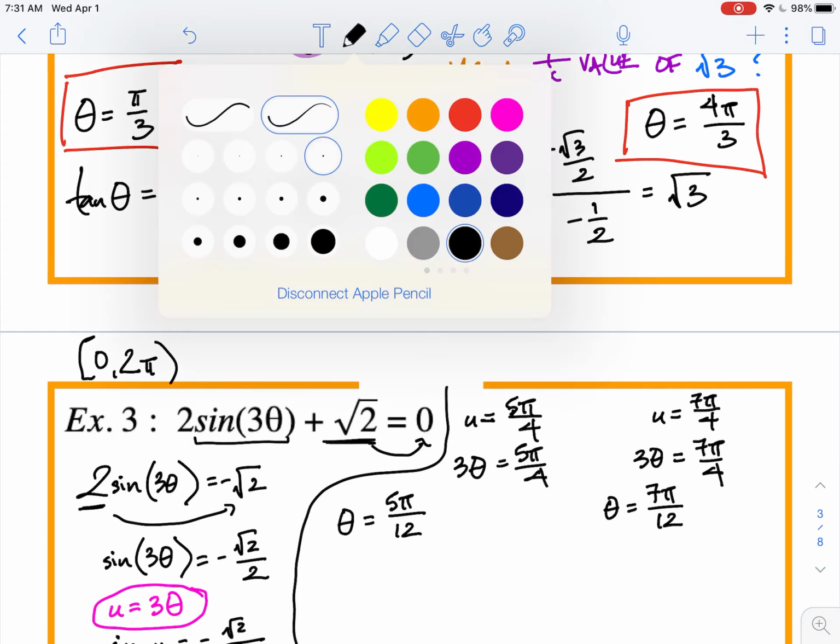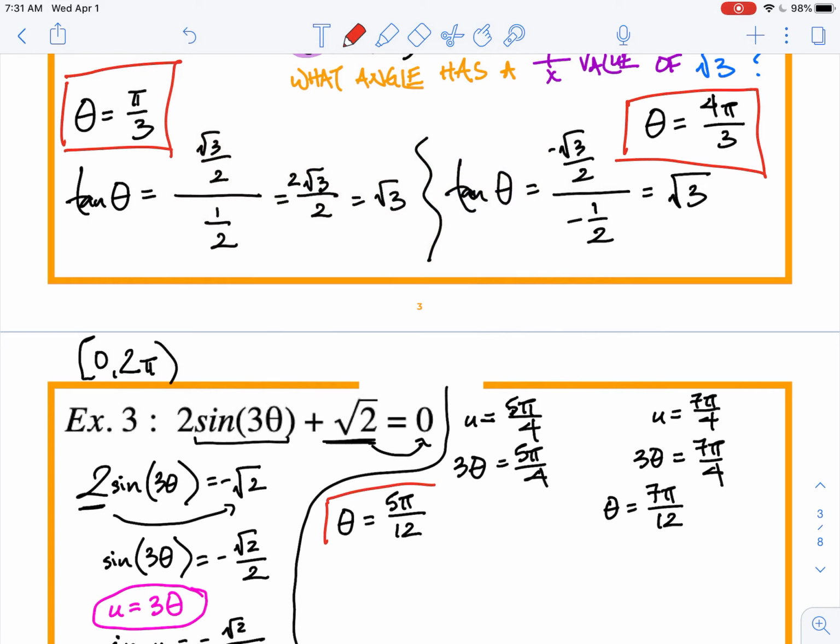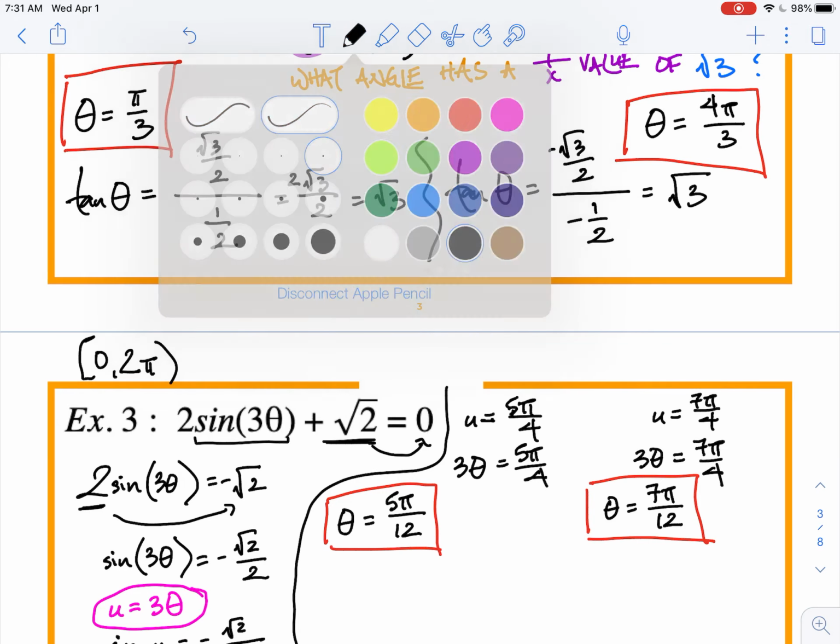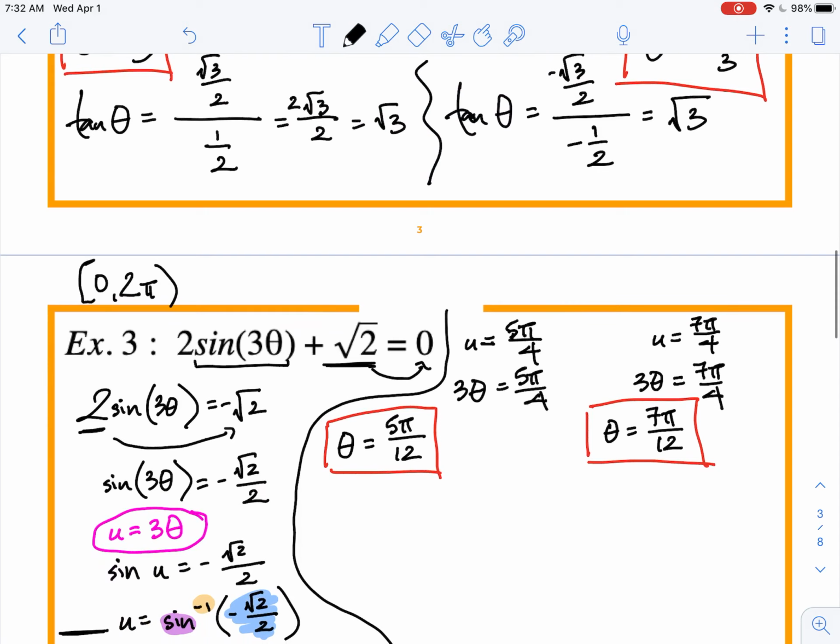Okay, now this will give me 2 of my answers as I go around the unit circle: 5 pi over 12, 7 pi over 12. But that is not all of our answers. We need to find out how many more answers there are as we go around the unit circle.